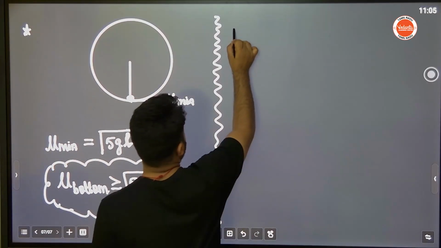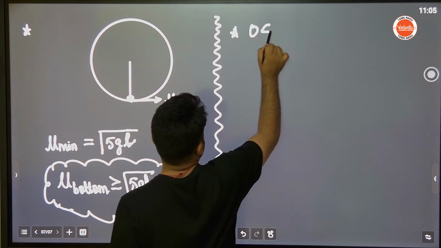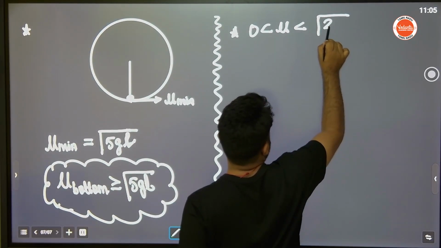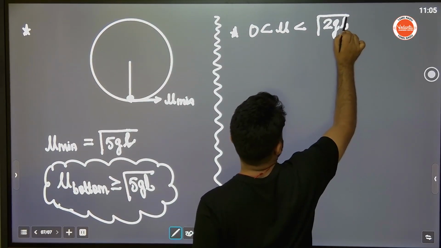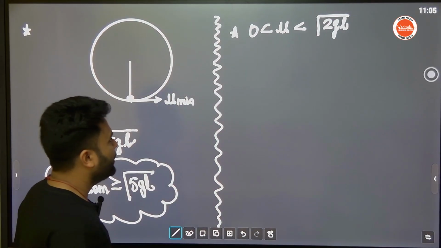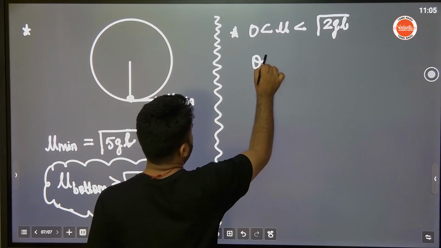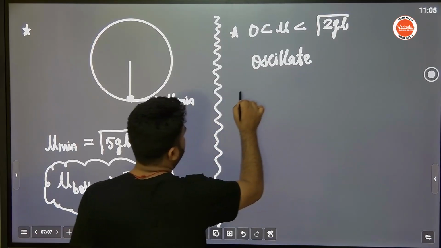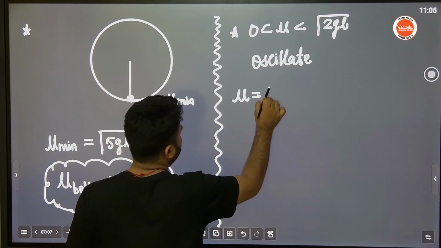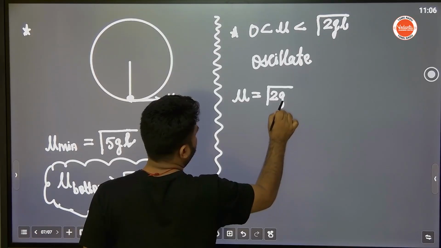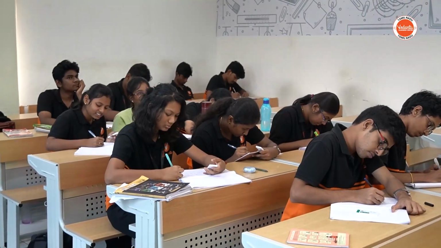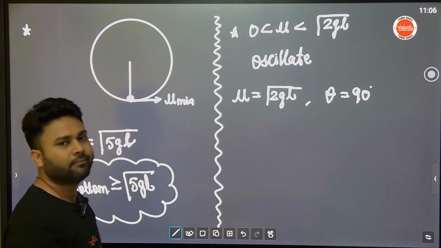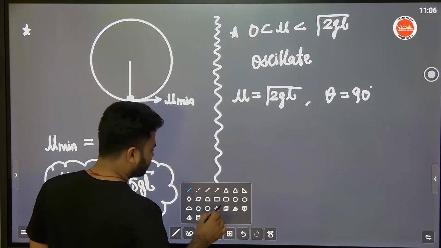If your speed is from 0 to under root 2 GL, the object will oscillate. And if U is exactly under root 2 GL, the object will reach till theta equals 90 degree. Means, see what I am saying.